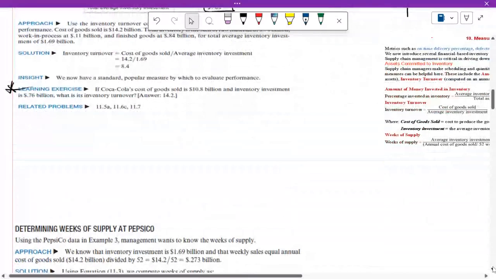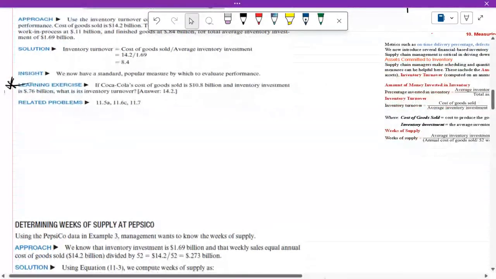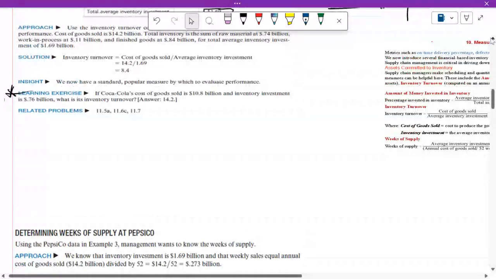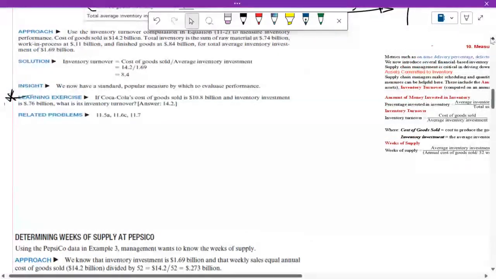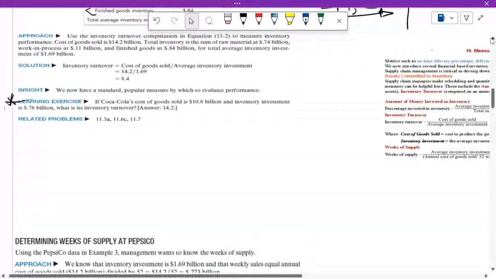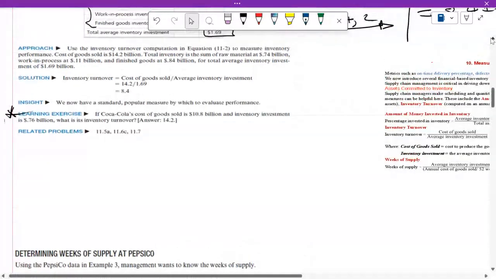Okay, so what is the problem here? Using the Pepsi data, example 3, management wants to know the weeks of supply for PepsiCo. They want to know the weeks of supply, and the formula is right here.